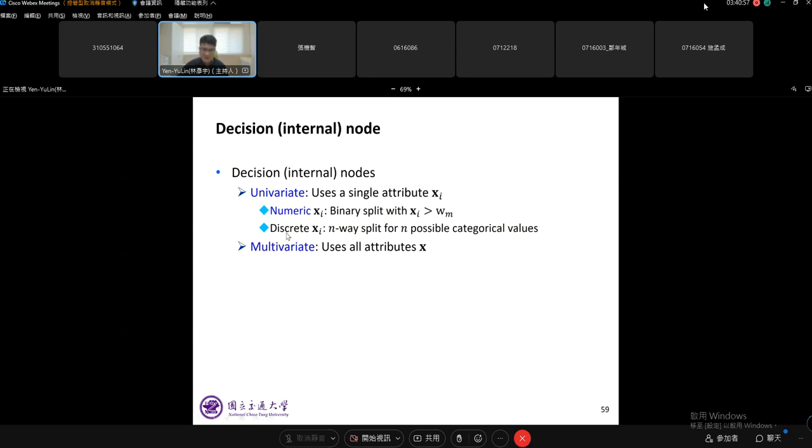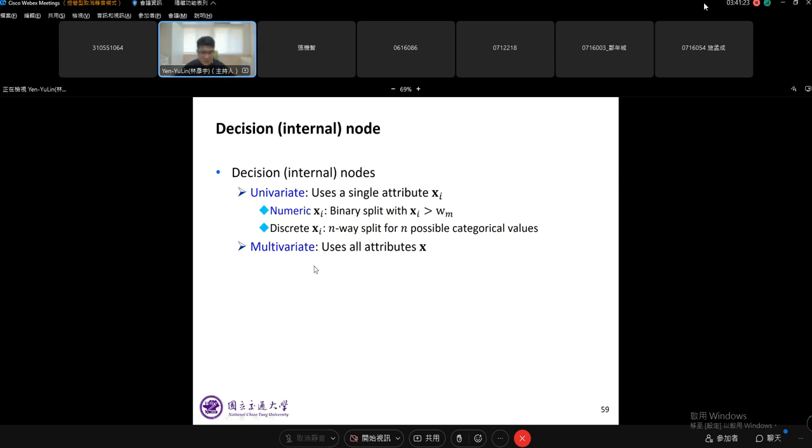One subset satisfies this constraint. The other subset doesn't. So this is the numerical univariate decision function. Also, in some applications, the attribute can be categorical. Suppose there are n possible categorical values, and if we choose this data dimension to control this split, it will be an n-way split. There are n following branches.